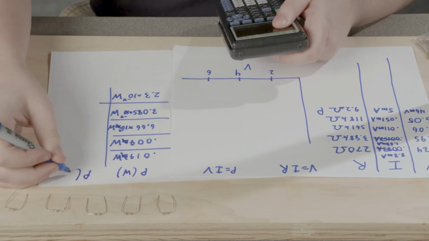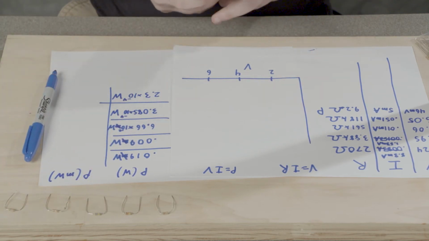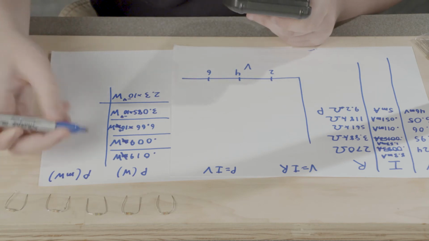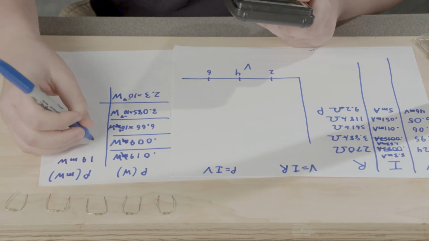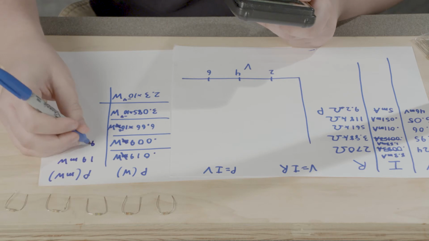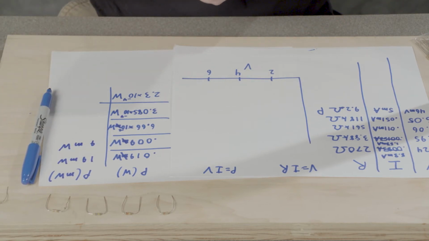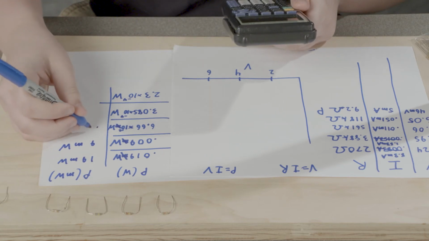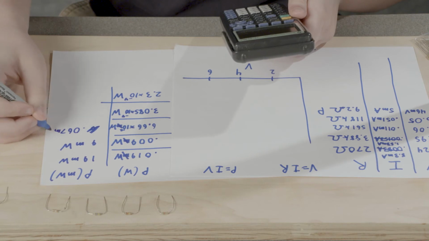Now we'll do power in milliwatts. A little easier. So that's just 19 milliwatts. That's just 9 milliwatts. This one's 0.067 milliwatts.